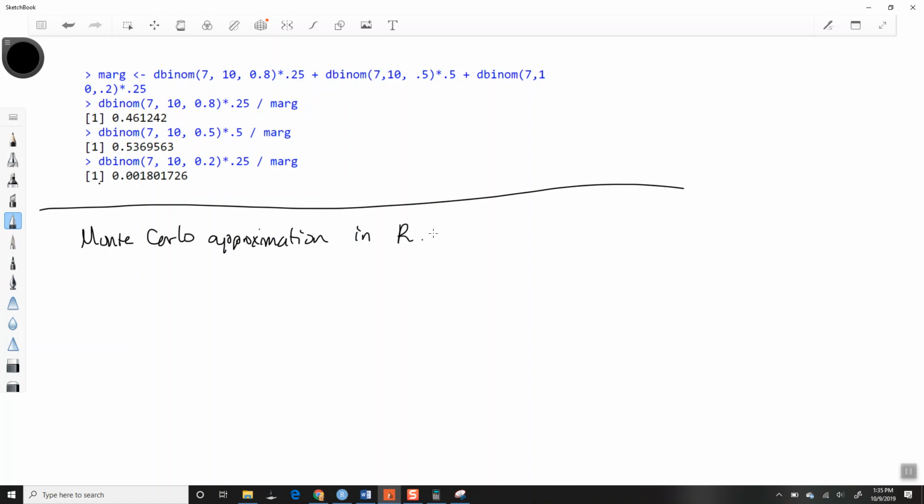All right, how can we simulate a discrete random variable in R? So our prior, I guess, we've done the calculations and we have the posterior. So our posterior distribution is basically this.